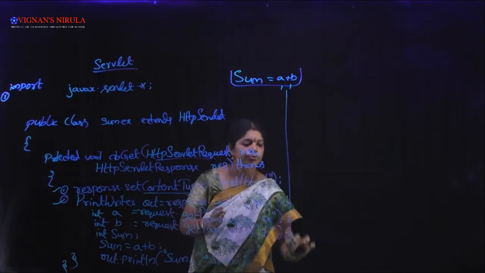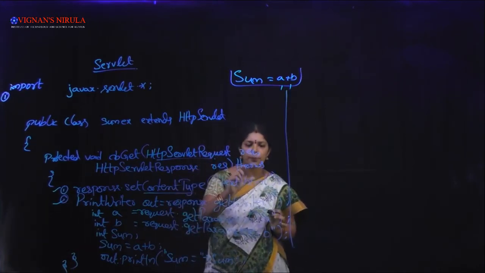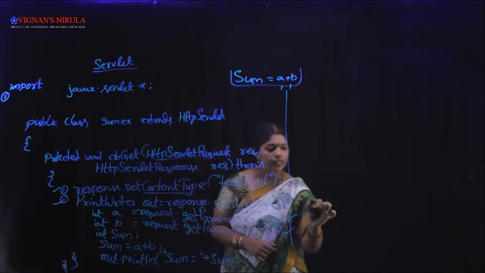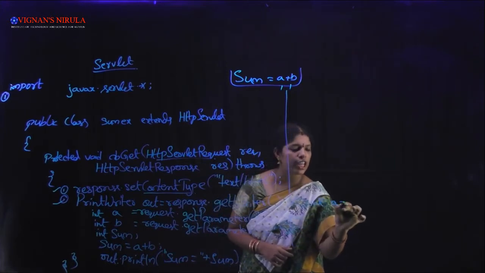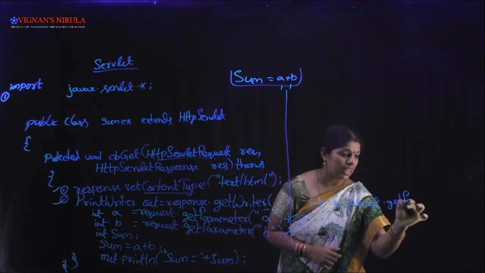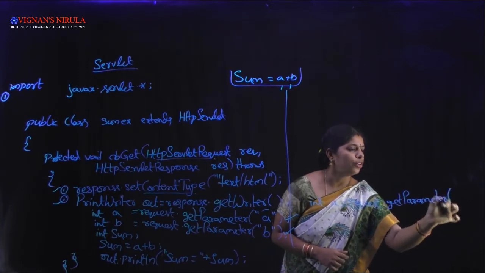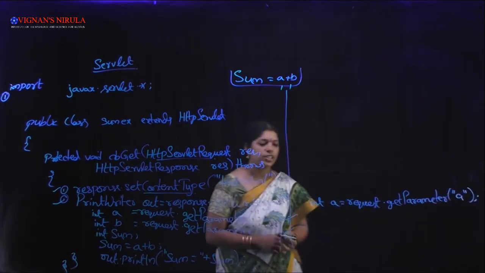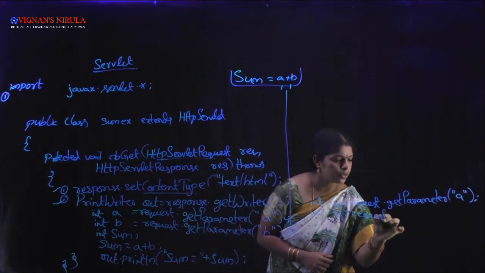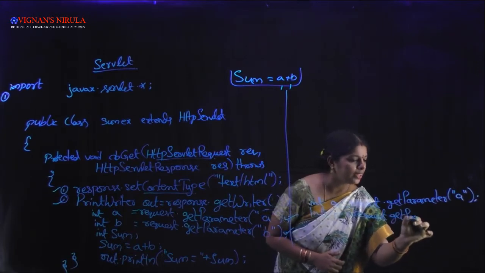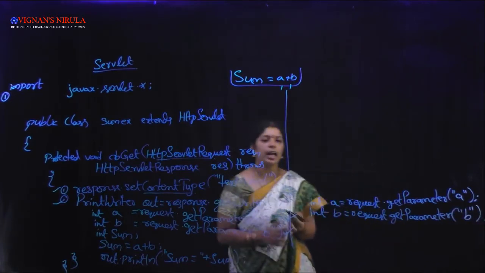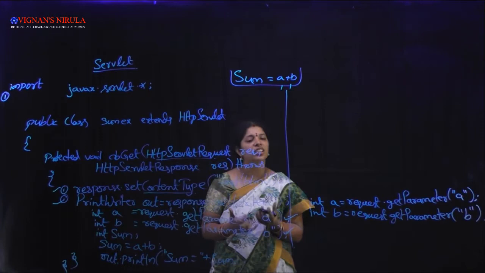First, the important point is that we are getting the parameters of A and B. So here in the JSP we have int a equals request.getParameter of A, and next I am inserting int b equals request.getParameter of B. So here I am accessing the input variables.